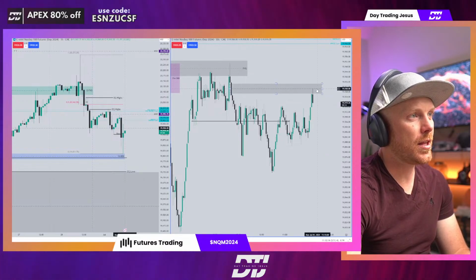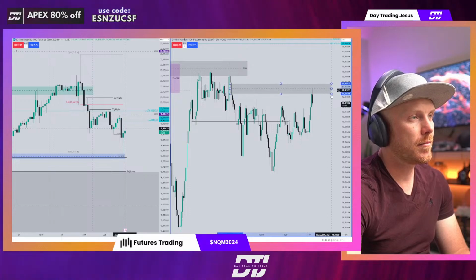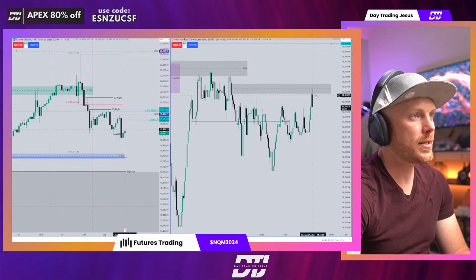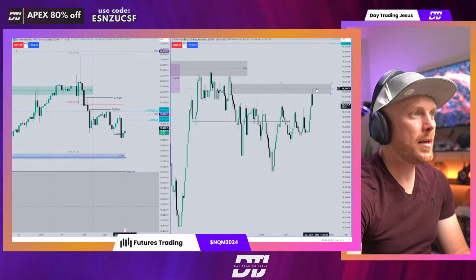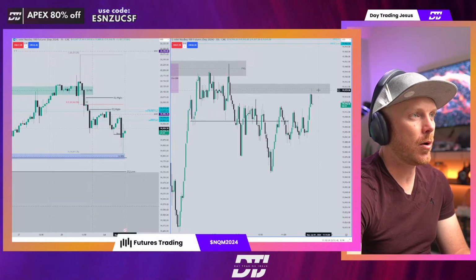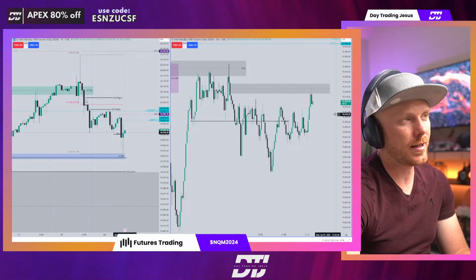See how we hit the consequent encroachment of that fair value gap to the tick? That's a signature in price. Staying in the discount portion of that fair value gap may mean we're finding resistance here and not wanting to continue higher. Now it could just blow right through this on the next candle. That's why it's a dynamic.